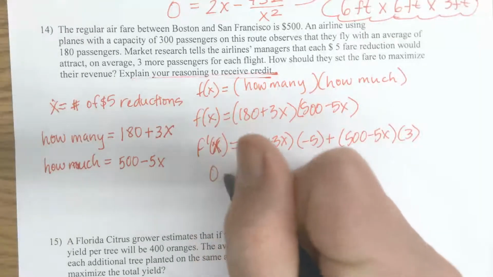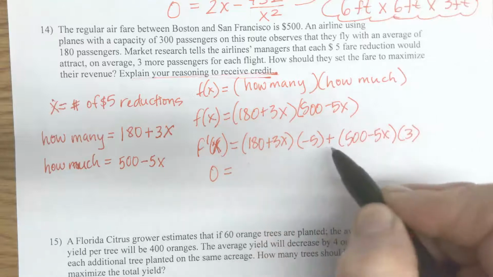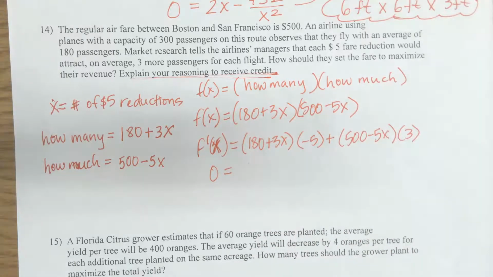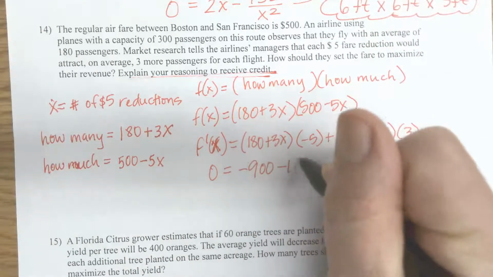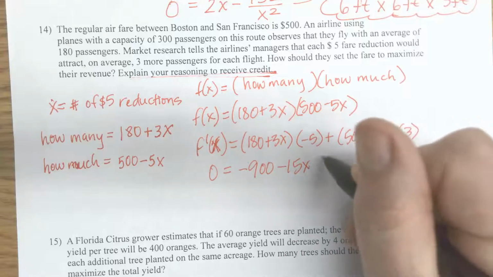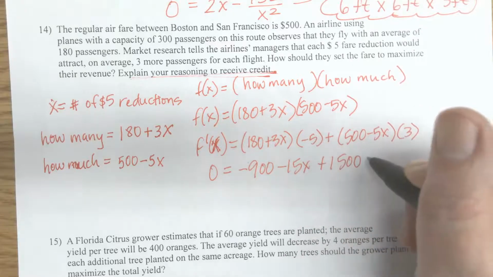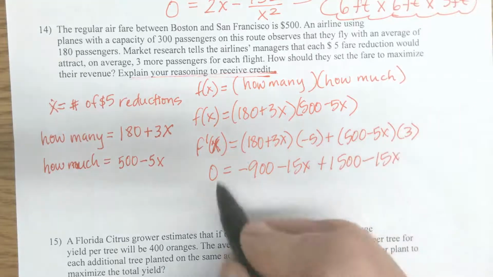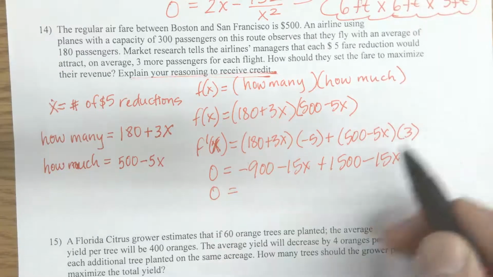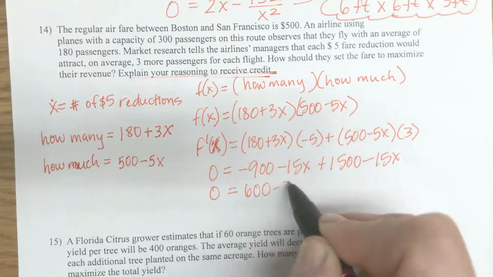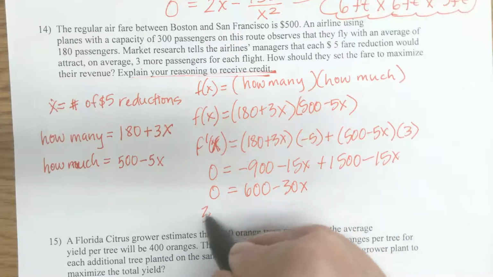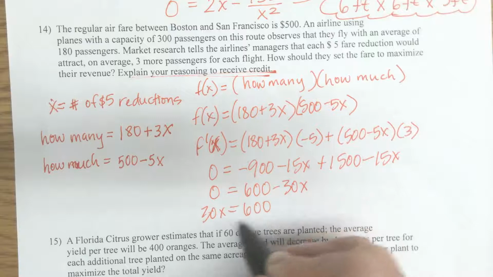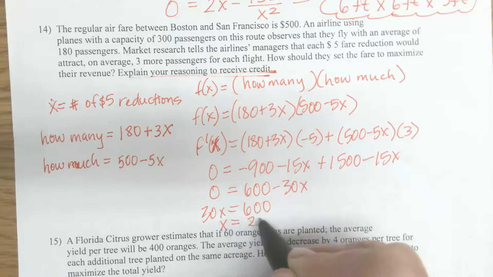So when I set this equal to 0, I'll have 180 times 5. So that's negative 900 minus 15x plus 1500 minus 15x, which gives me 600 minus 30x. So 30x is 600. Looks like x is 20.